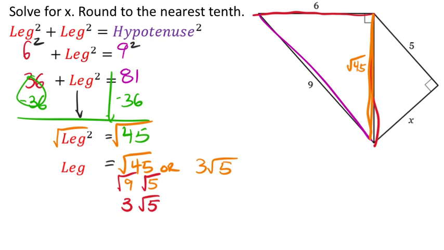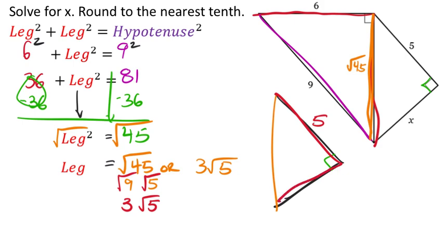So right now we have something that looks like this. And we're all going to pretend like my drawings are good. So yes, it did give us the right angle there. I'm looking at this leg right here that's 5. The other leg is x, but we have a hypotenuse that's the square root of 45, which used to be the leg of the first triangle. And again, if you want 3 times the square root of 5, that's fine too.